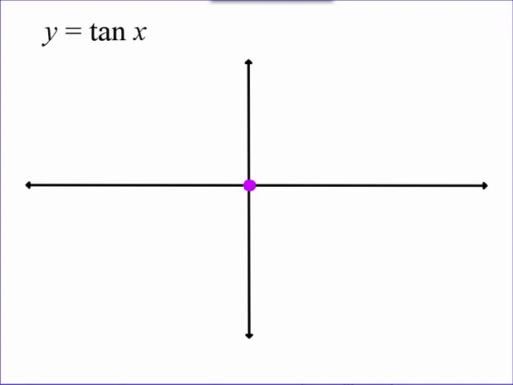So at pi over 2, if something's undefined, how do we graph that? Do you remember what that's called if I have a dashed line?